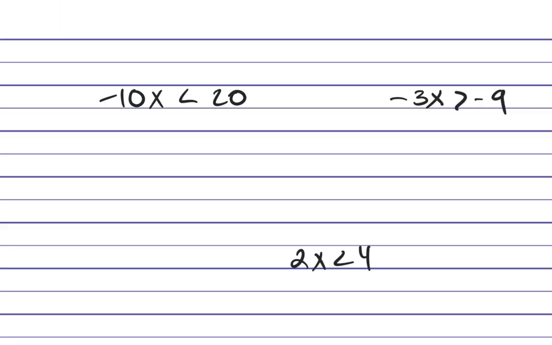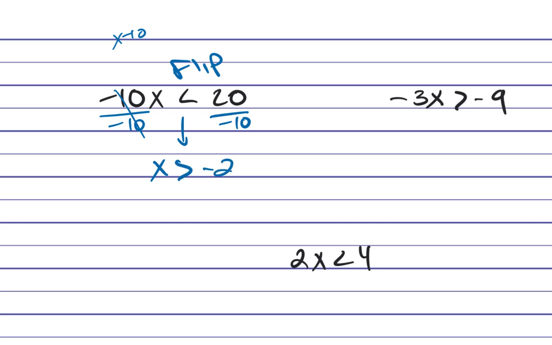The last thing I want to point out is that whenever you divide by a negative, you have to flip our inequality. So here I cannot add the 10. I have to divide by it because it's not x minus 10. I'm multiplying, so I divide. Whenever I divide by a negative, we flip the inequality. So it will look something like that.